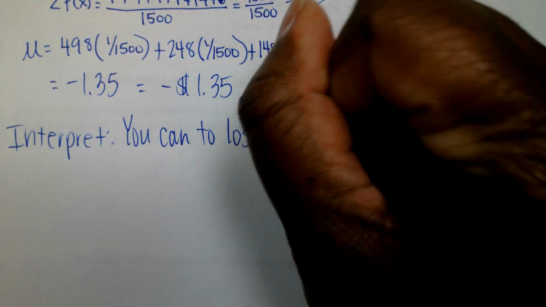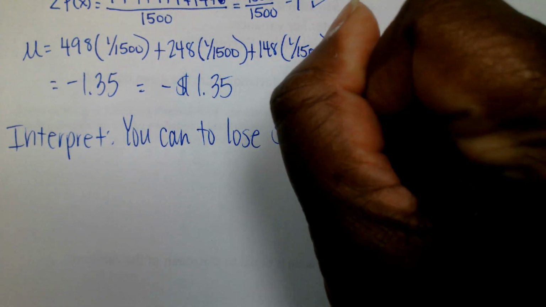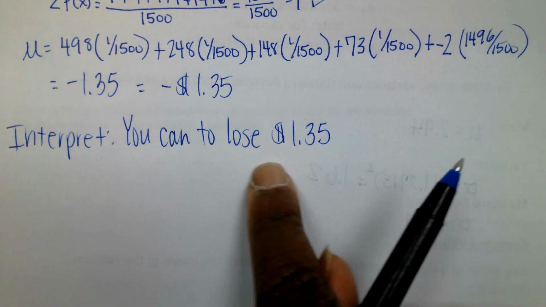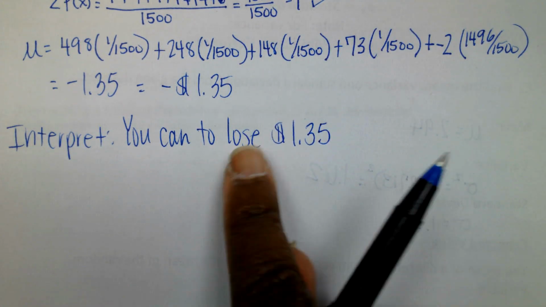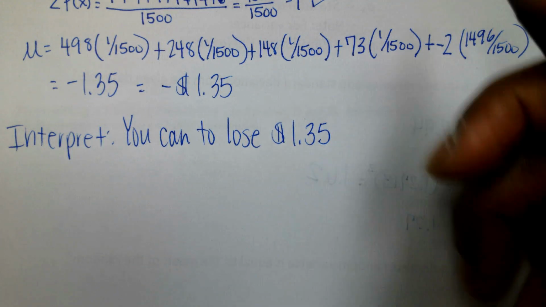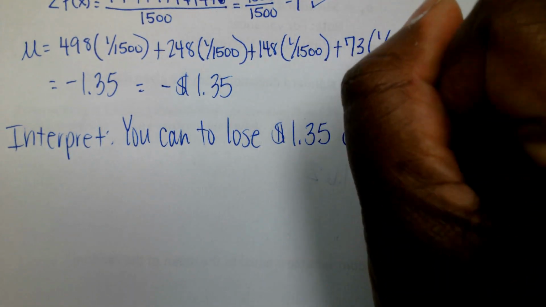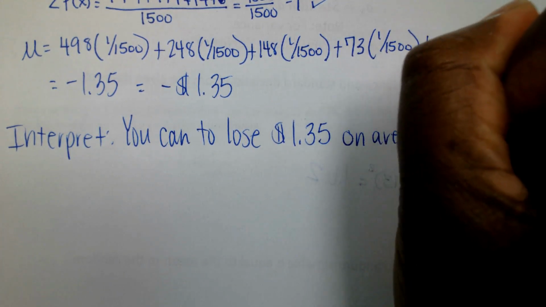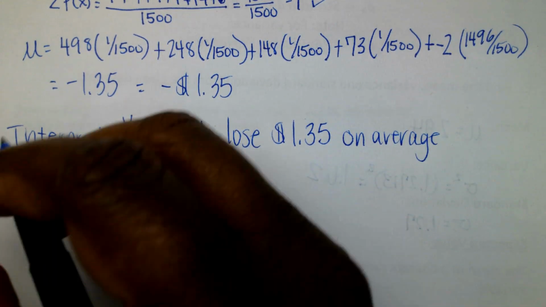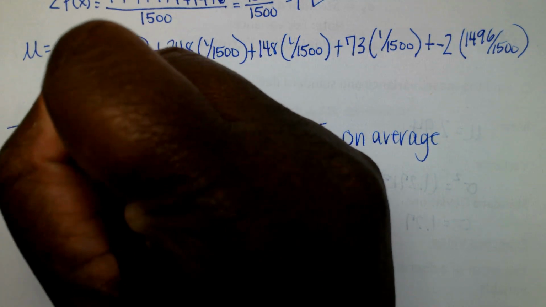We can expect to lose $1.35. So we're not going to put a negative. Lose means negative. Gain would mean positive. Lose $1.35 on average for every ticket you buy.